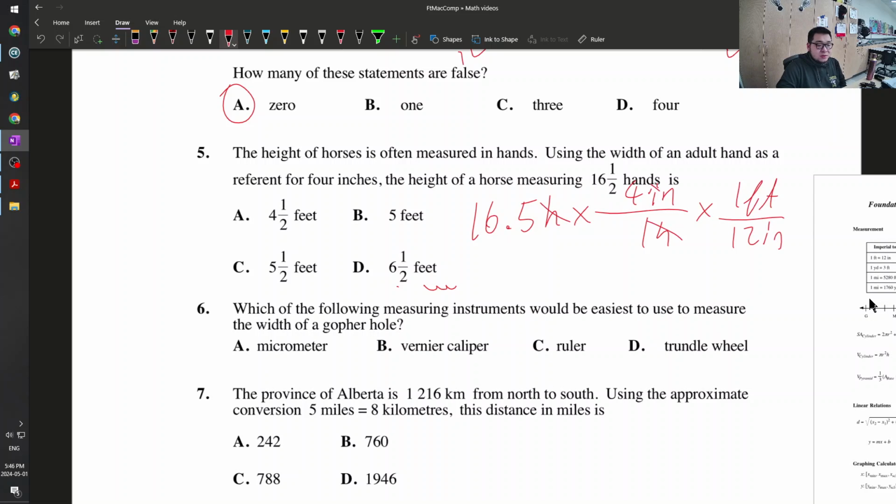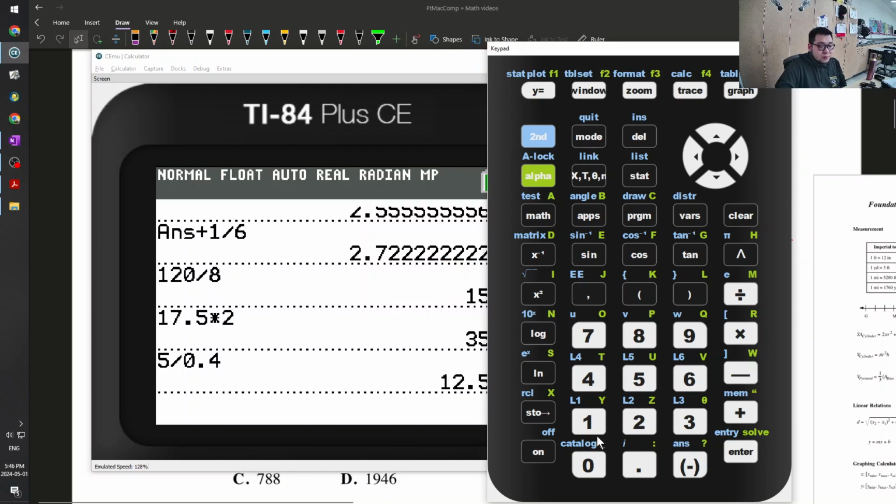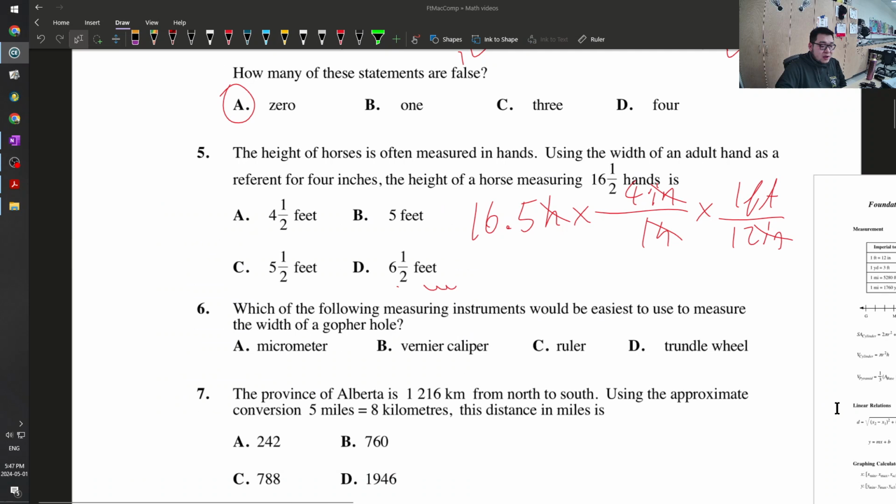Hands and hands cancel out, inches and inches cancel out. 16.5 times 4 divided by 12 is 5.5 feet. 5 is C.